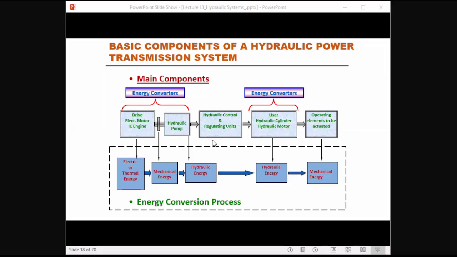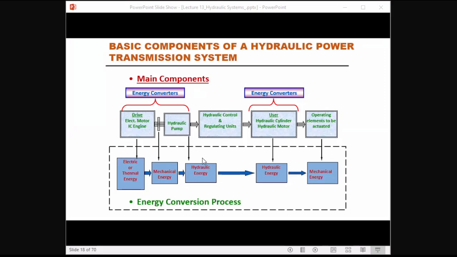The pump converts the mechanical energy from the motor or engine, IC engine, into hydraulic energy by pressurizing the hydraulic fluid. This step is important because we can generate force and motion using hydraulic energy.